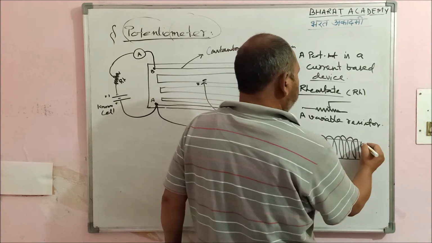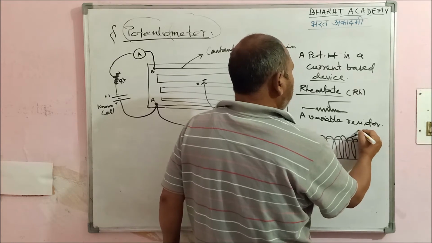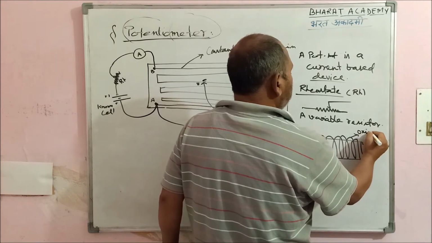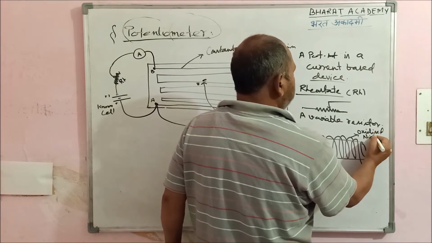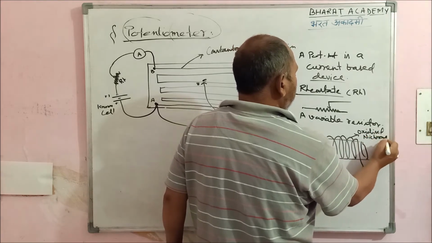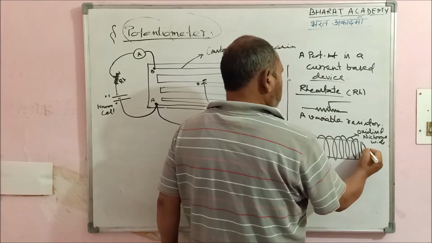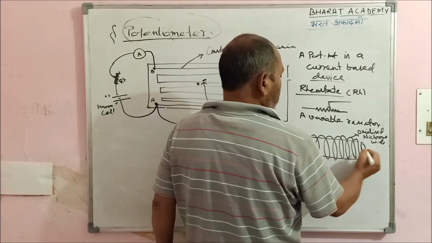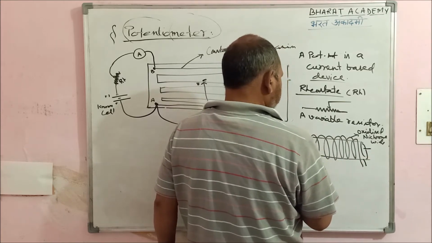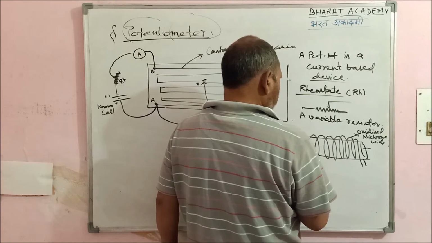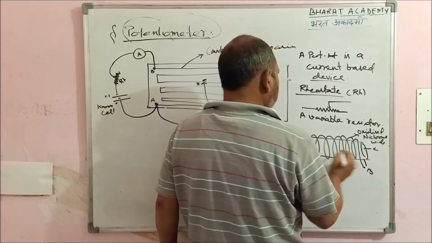The wire is known as oxidized nichrome wire. Why oxidized? Just to insulate the system. It generally has 3 terminals, 1, 2 and 3. We name them A, B and C.